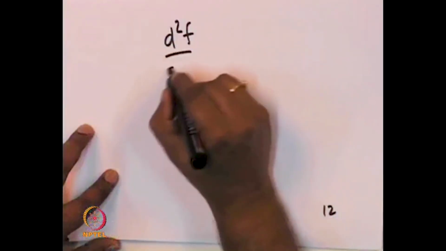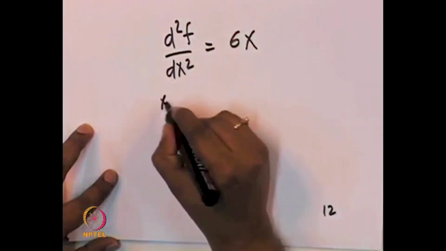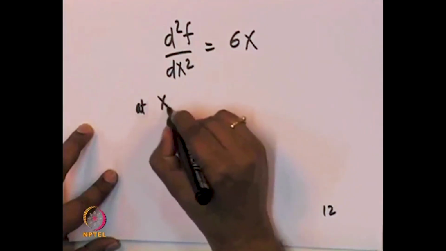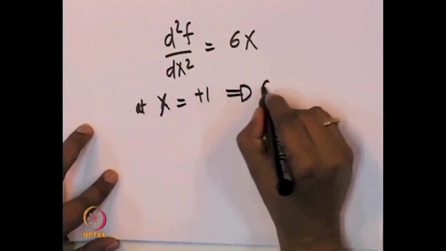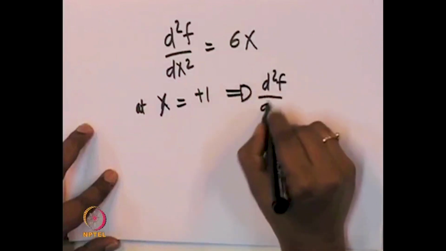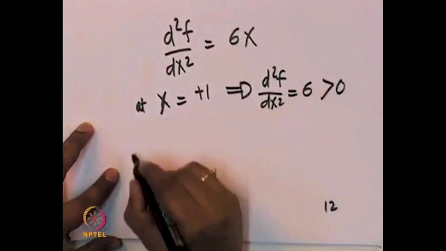Now, let us have a look at the next one. We found that the second derivative d square f by dx square is 6x. At x equal to +1, d square f by dx square equal to 6, which is greater than 0.